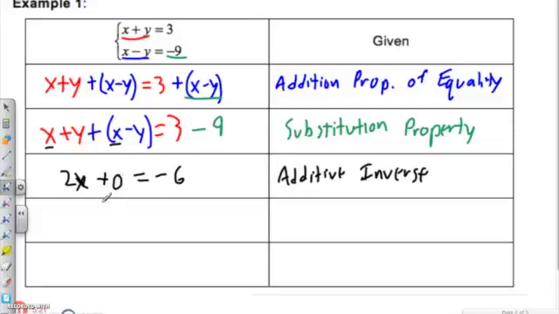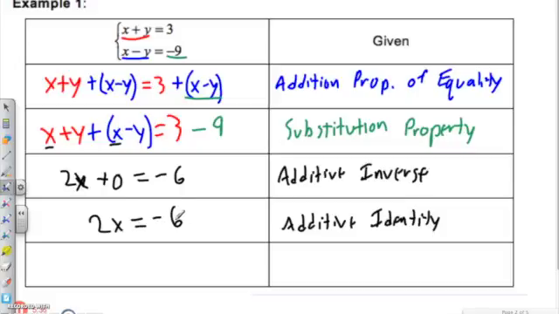So simplifying and using the additive identity, remember the additive identity tells me that anything plus 0 is going to equal itself. This gives me 2x equals negative 6. Now I'm going to have to divide both sides by 2, and that's going to give me x equals negative 3. And I use the division property of equality.